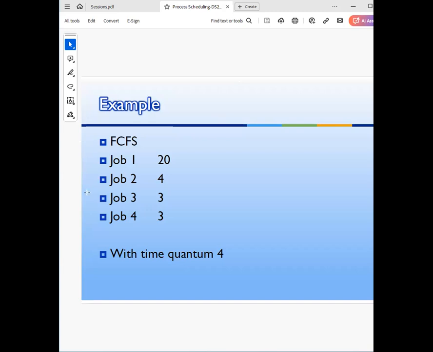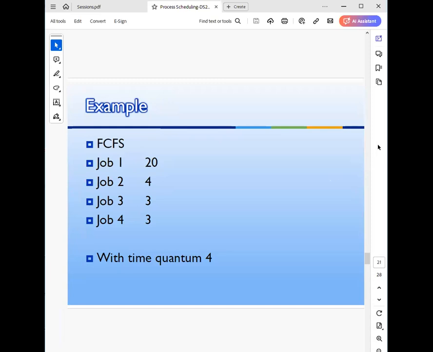Right. So now this is one example of the round robin algorithm. Take this. Job 1 needs 20 milliseconds of burst time, job 2 needs 4 milliseconds, job 3 needs 3 milliseconds, and job 4 needs 3 milliseconds. The time quantum, that is the time slot, is 4 milliseconds.